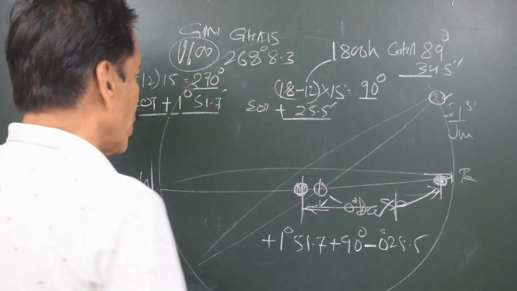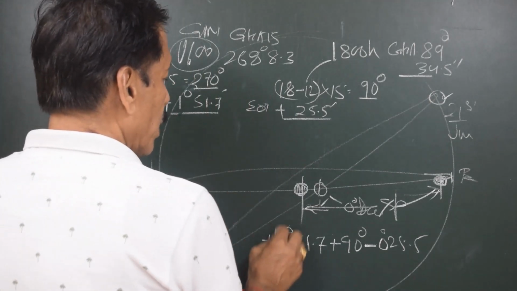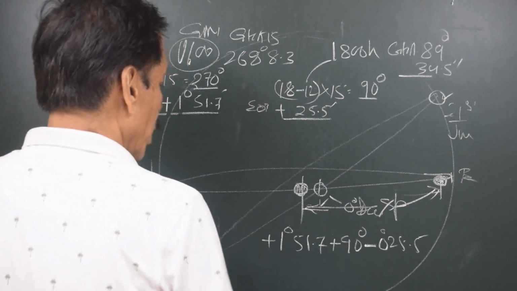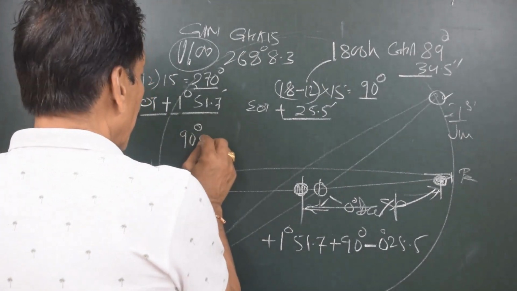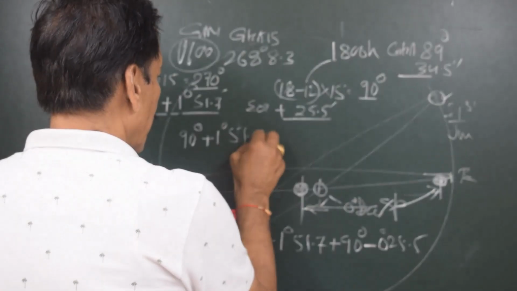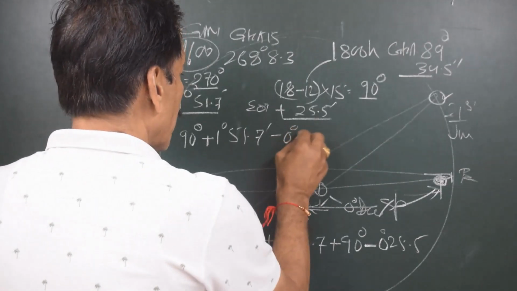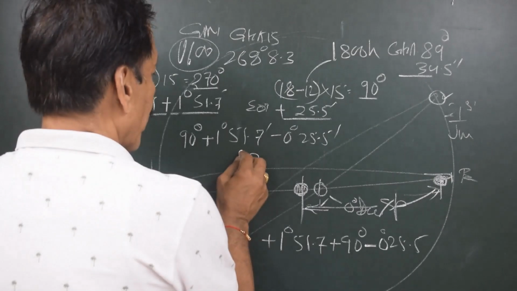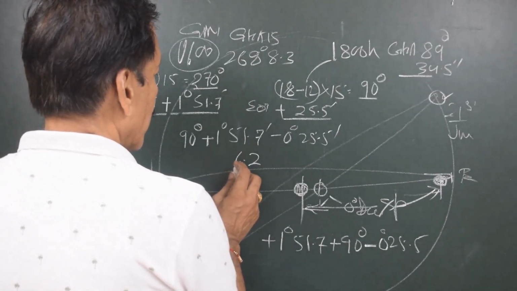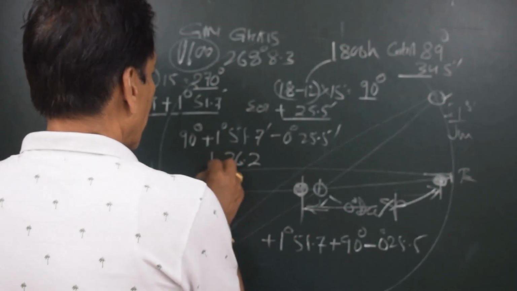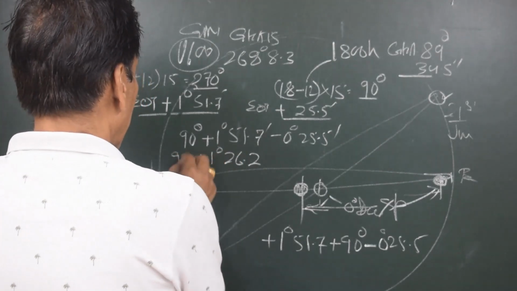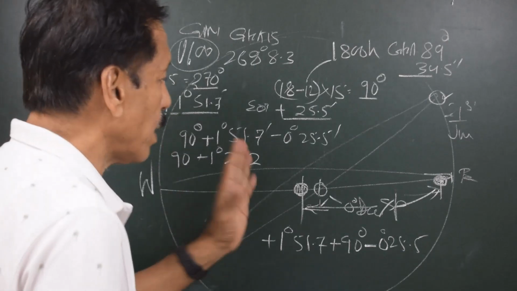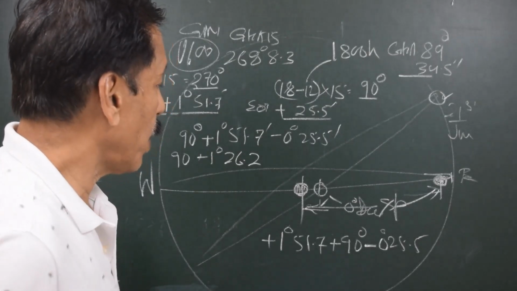That means the distance that mean sun would travel on the equinoctial will be 90 degrees plus 1 degree 51.7 minutes minus 0 degrees 25.5 minutes. This will give me 91 degrees 26.2 minutes. That is the distance mean sun will travel on the equinoctial.